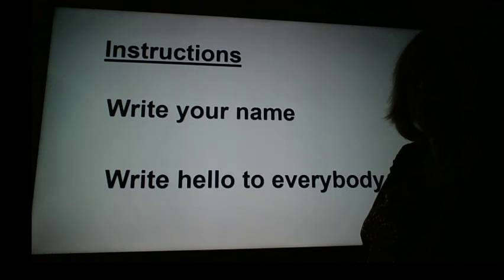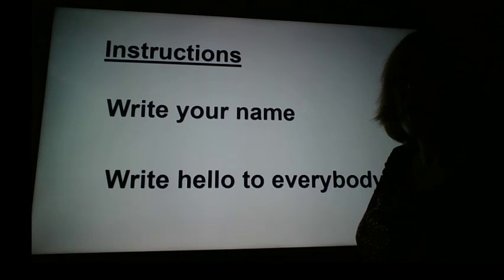If you're not sure about instructions to do that, you should be able to see a box on your screen that uses the words live chat. And live chat is where you can text just like you would on a phone. So I've written hi, and if you're in the classroom, please write your name and write hello to everyone. Hello, good to see you.